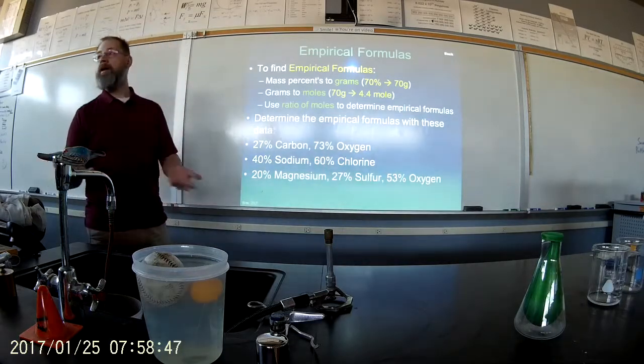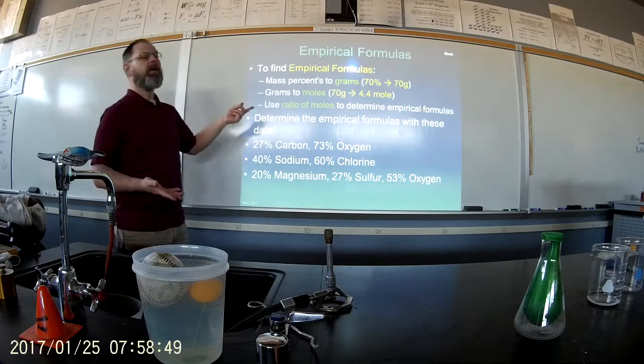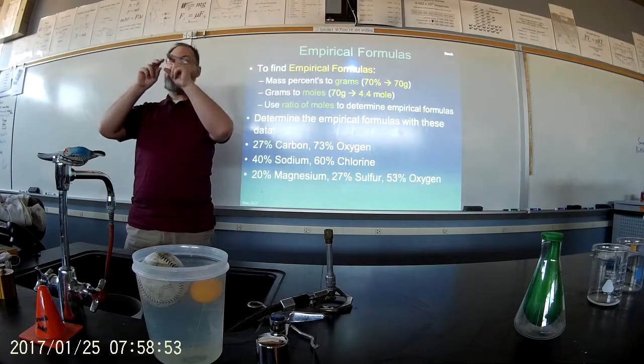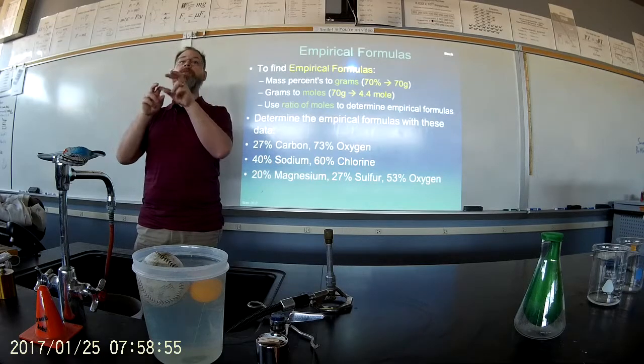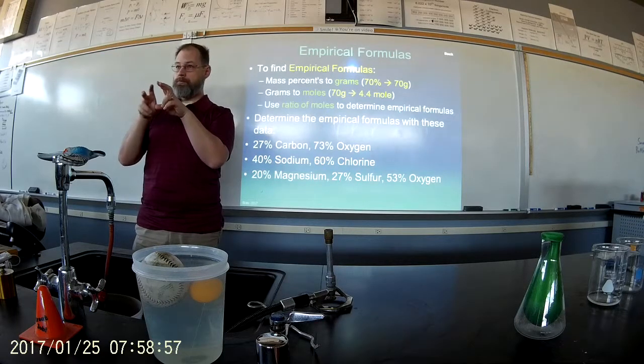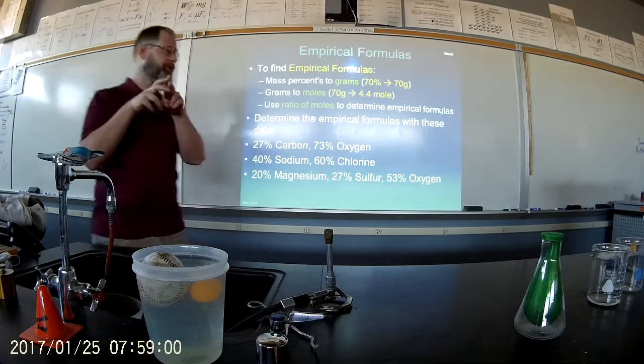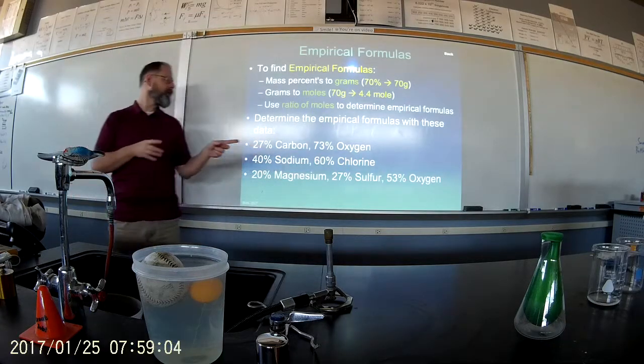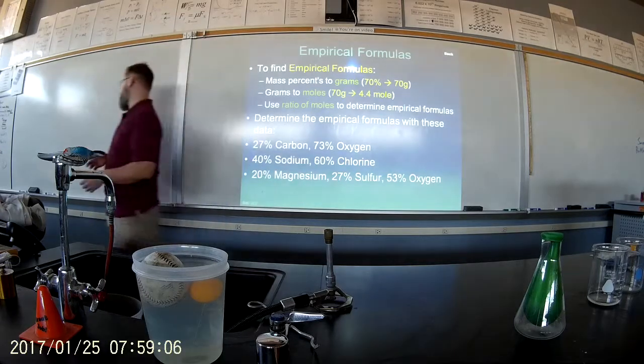And then once we have the grams, we're going to convert the grams to moles. Then we're going to use a ratio of the moles to figure out what the little numbers are, what the subscripts are in the formula. So let's do that. The first one we're going to do is a compound that contains carbon and oxygen.